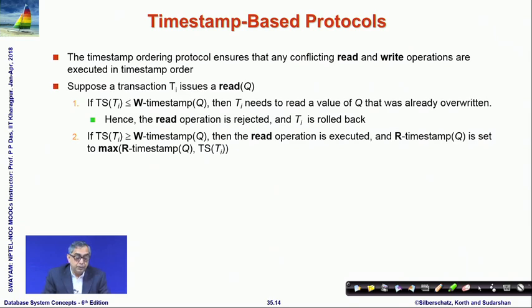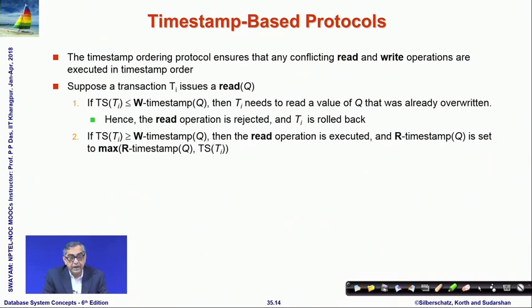So, let us consider the case of read. A transaction T_i has issued a read. Now, if the timestamp of T_i, TS(T_i), is less than or equal to W-timestamp(Q), which is the latest write, then the transaction is older than the latest write.